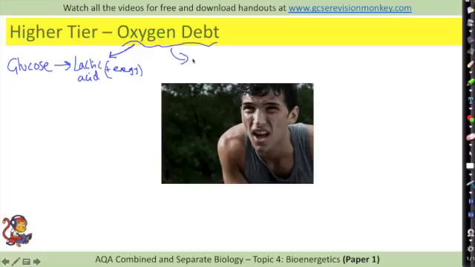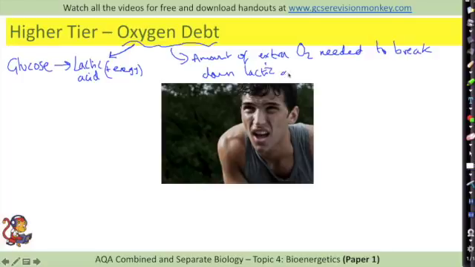So I'll write the definition here. The amount of extra oxygen needed to break down the lactic acid and remove it from your cells, because you don't want it to be causing cramps.